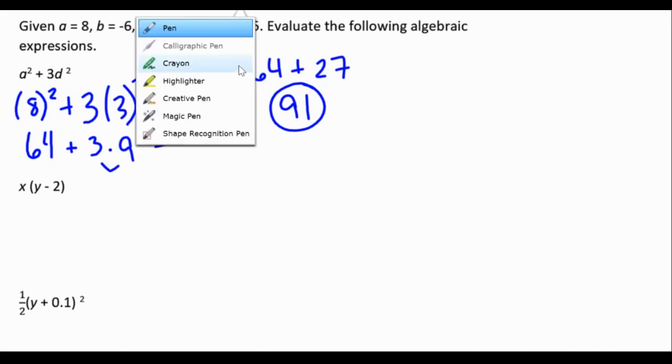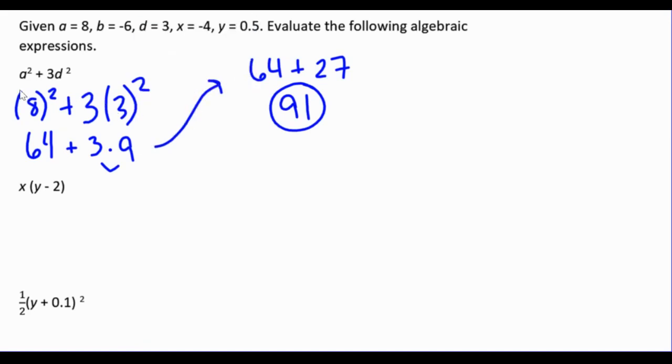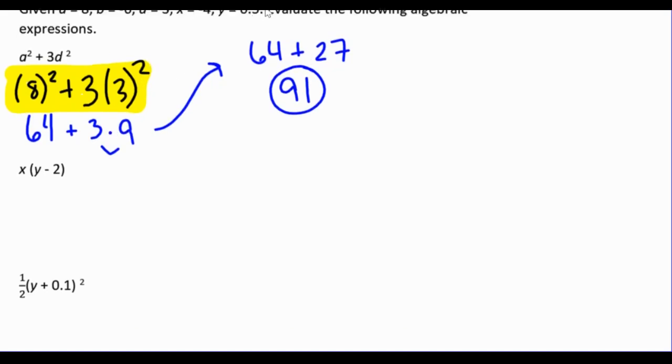When you do enter it in the calculator to check, I always encourage students to enter the original expression. We don't want to do this step or this step because we could have made errors within there. So if you're using your calculator to check, always check the original.